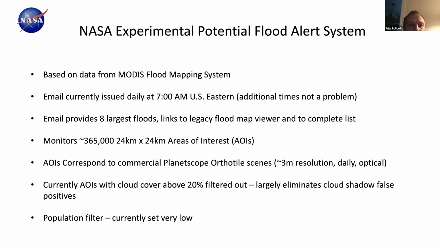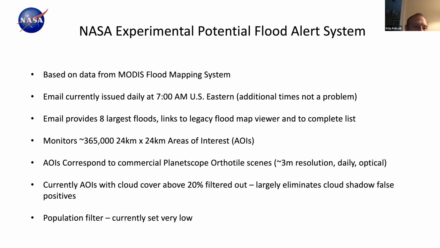Okay, so what I'm calling the experimental potential flood alert system, with a couple of adjectives in there to indicate that it's experimental and maybe should not be acted on immediately without some other information. We're using the 250 meter resolution flood information that we derive from this MODIS flood mapping system that I talked about.